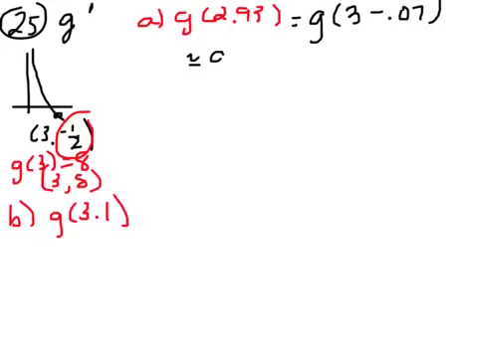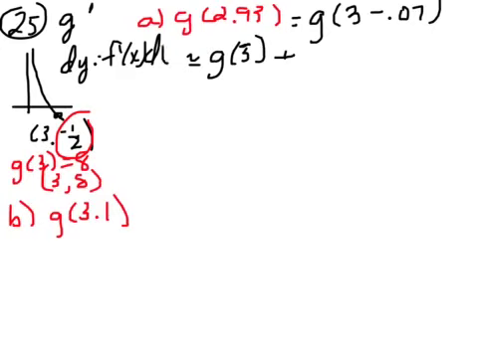I can say that's about the y value at 3, g of 3, plus an estimation of the y change that would go with this little change in x. And remember, how I'm estimating that is I'm using that dy is f prime of x dx.